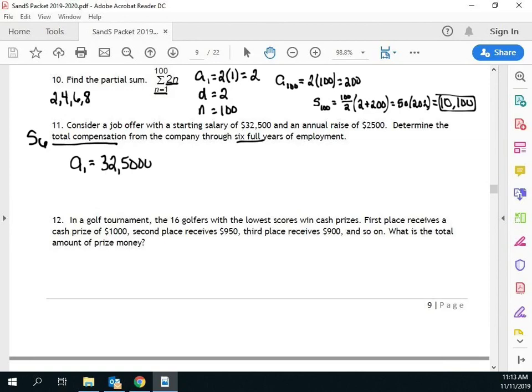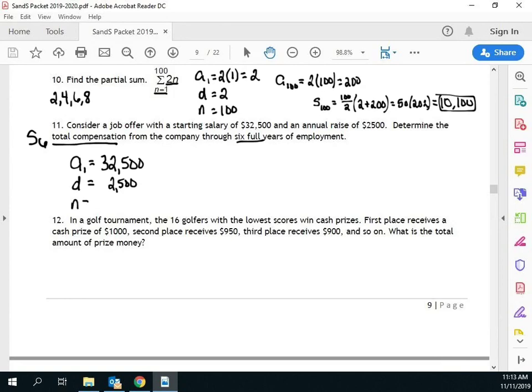Thank you. Well, that's an interesting number. 32.5. So, what's that common difference every year when we keep going? 2,500. Guy gets a $2,500 raise every year.